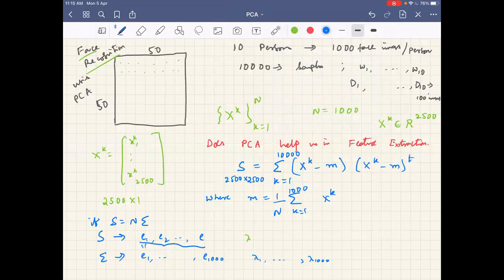So you should sum over a large number of terms of xk minus m times xk minus m transpose. Each outer product matrix is only rank one. So if you are adding only 1000 of them, the rank will be only 1000.